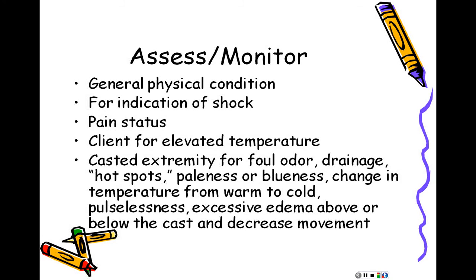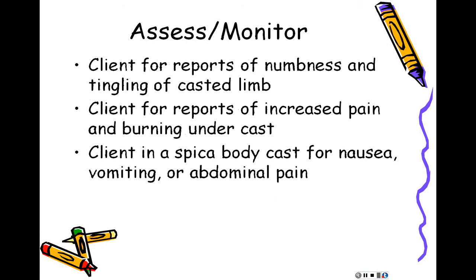So this may indicate that the cast will have to be removed. Again, we're assessing the client for reports of numbness and tingling of a casted limb. The client may report increased pain or burning under the cast, and the client in a spica body cast may complain of nausea, vomiting, or abdominal pain.